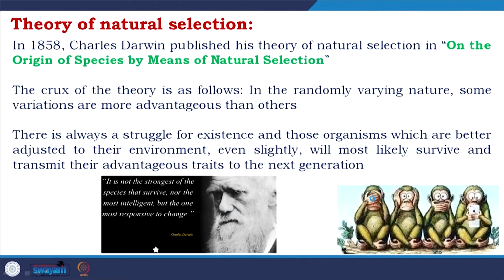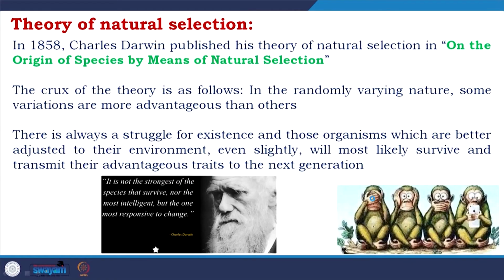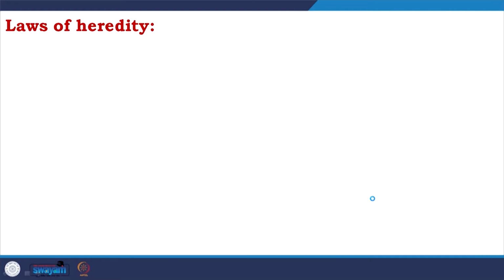Current evolution is the fourth one, who will not do any of these things because he or she is so engrossed in a smartphone. That is the current scenario of adaptation.